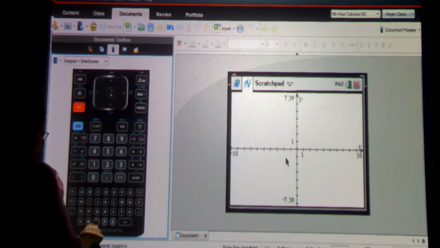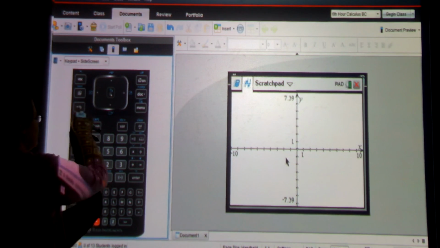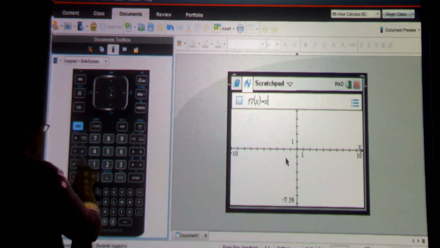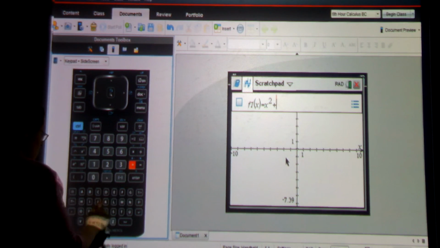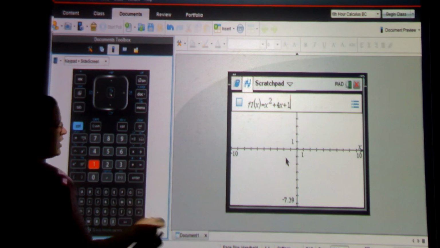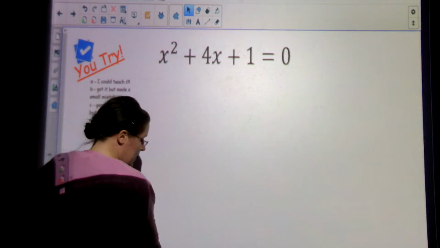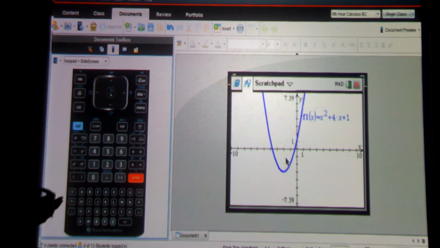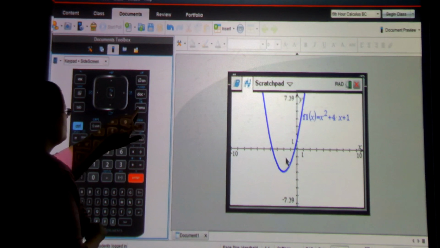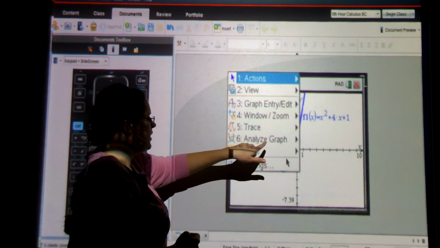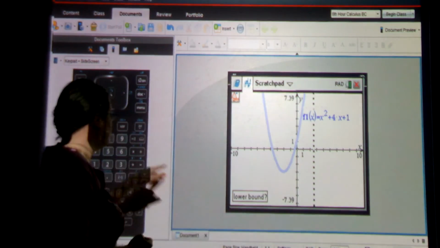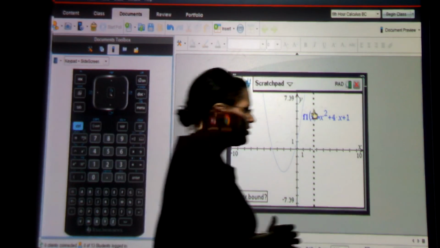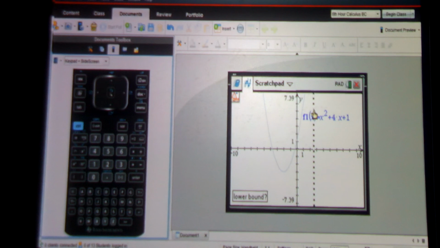Tab. Get x squared plus 4x, I think it was plus 1. Let me double check. Yep. So I have a parabola with two nice, neat solutions. So I'm going to menu, analyze graph, zero. I'm going to use my computer to go a little faster here.